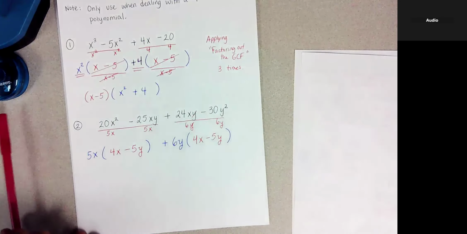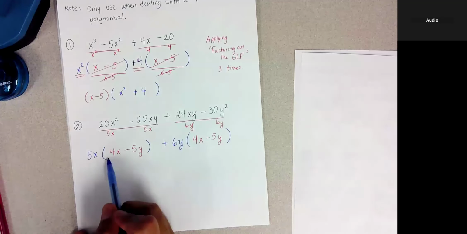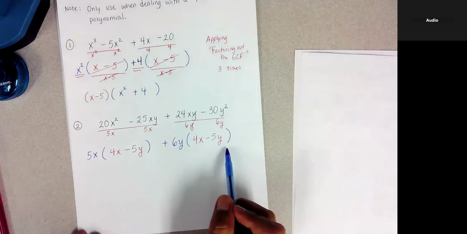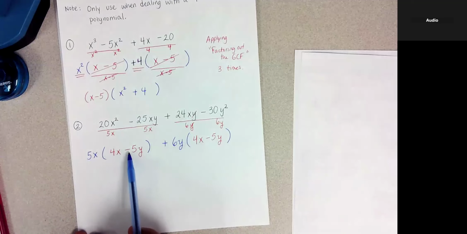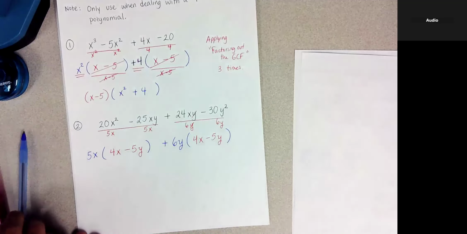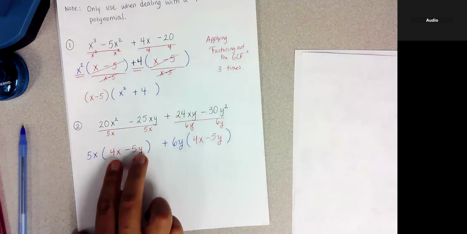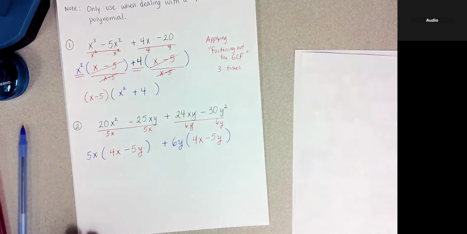Okay. And it's really important to realize at this point, if the stuff in parentheses, these binomial terms, okay, if that's not the exact same, 4x minus 5y, 4x minus 5y, if it's not the exact same numbers, the exact same variables, the exact same mathematical operation between them, then you've made a mistake. Then you need to go back because you haven't factored out the GCF completely.